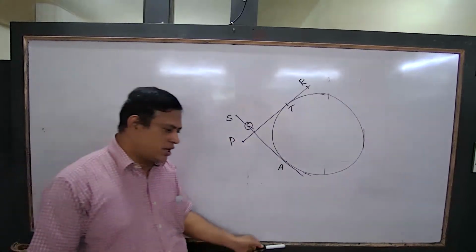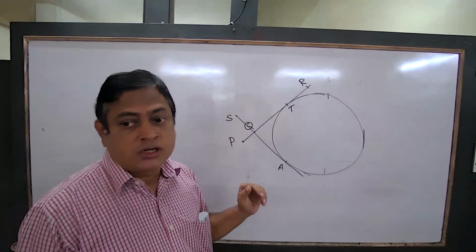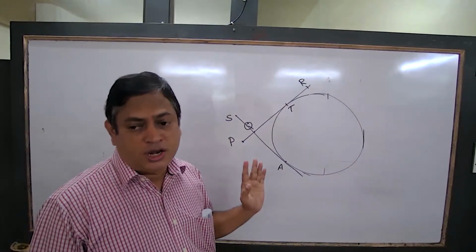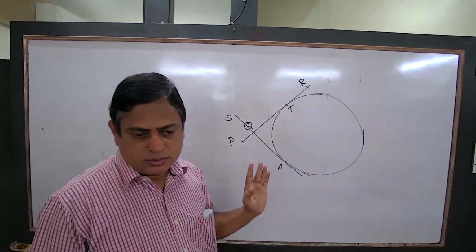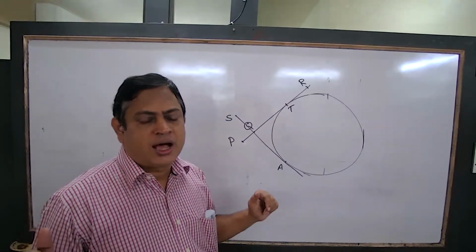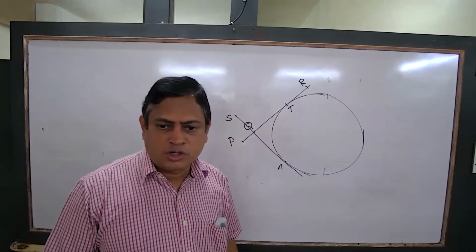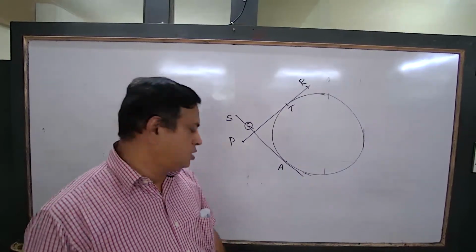Now the theorem, that is the second theorem: tangents drawn from an external point are equal in length. It means from an external point, how many tangents can be drawn? Two. Both of them are equal in length.